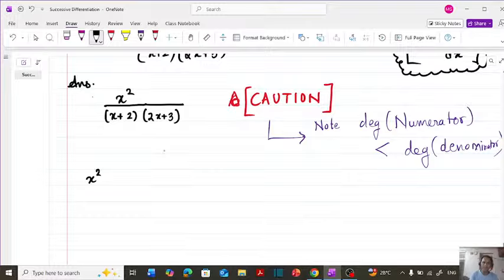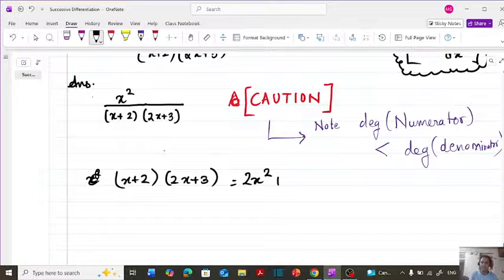Here it is x plus 2 times 2x plus 3. When you actually do the multiplication, you get 2x square, and then there is 3x plus 4x plus 6. So this will be 2x square plus 7x plus 6.